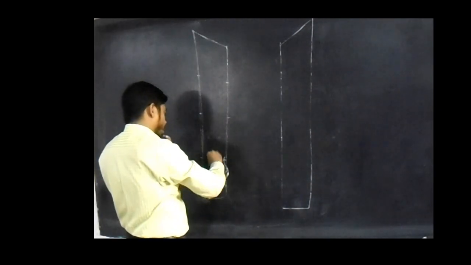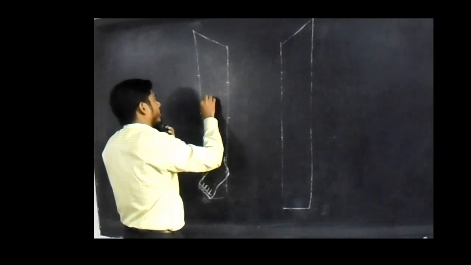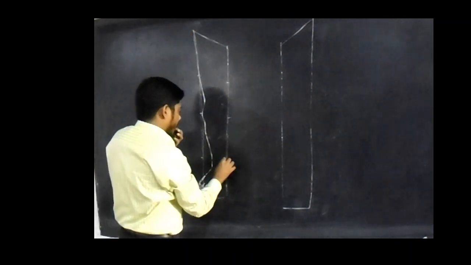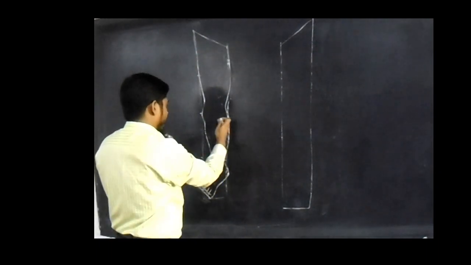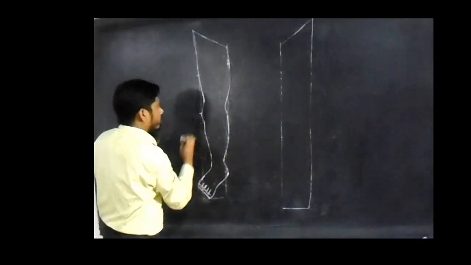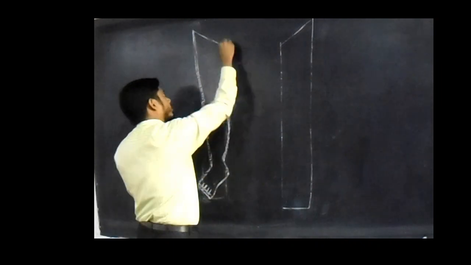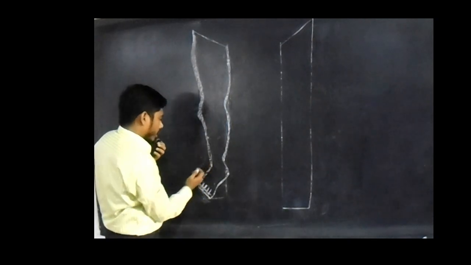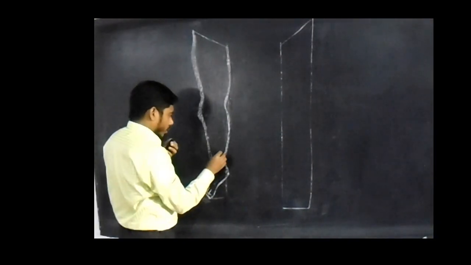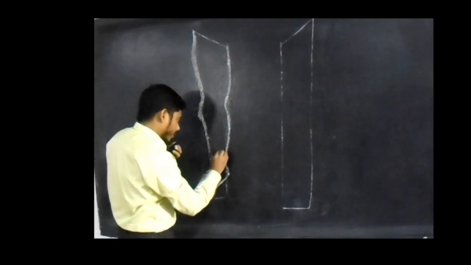From here we will go in front, and then the patella, thigh. Here is the calf, knee joint. Here is the leg. Bold the lines. Here we will draw the medial malleolus, the bony prominence.